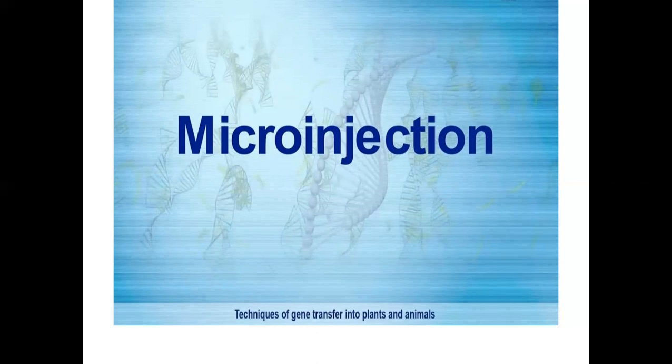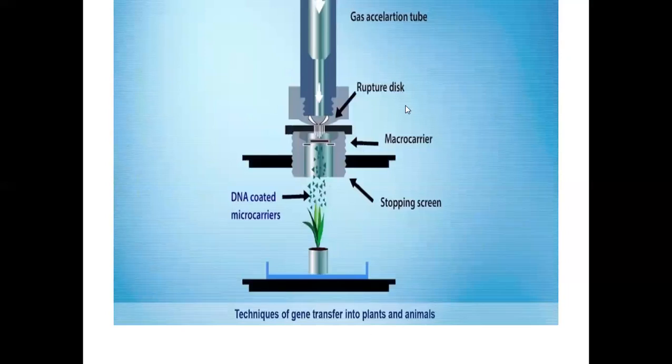The capillary glass tube is called micro injection. The micro injection contains a needle. While using micro injection, the target DNAs are inserted in the capillary tube-like structure.